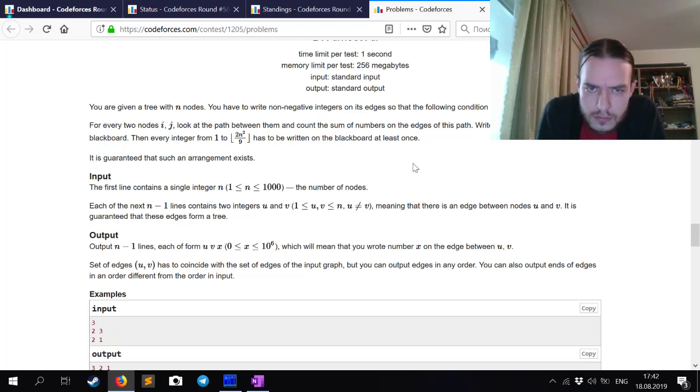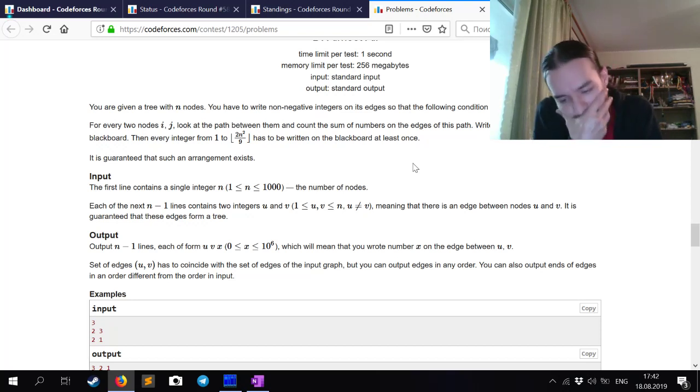Interesting. So how is that supposed to work? We're writing non-negative integers. Can we write zeros? I don't know.